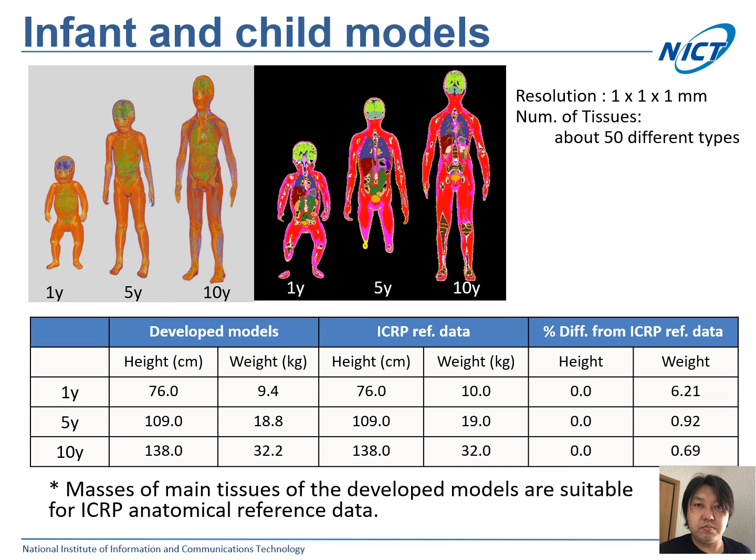The voxel size of this model is 1 millimeter, not 2 mm, because models of 1 mm resolution are better than models of 2 mm for adjusting the tissue masses. As you can see, height and weight of the ICRP model are close to the ICRP reference data from the table, and masses of main tissues of the ICRP models are suitable for the ICRP anatomical data. We are able to develop these models in a few days.